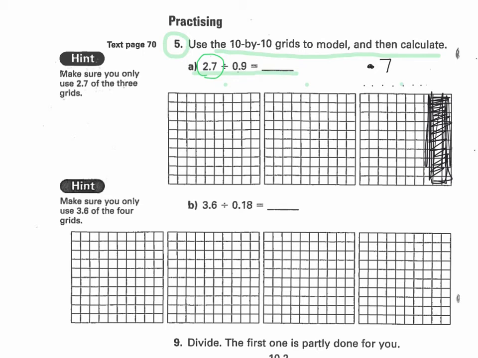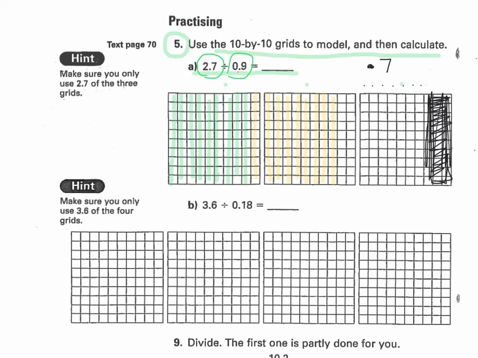So I'm going to shade in 0.9, which is 9 columns. 1, 2, 3, 4, 5, 6, 7, 8, 9. I'm going to switch colors. 1, 2, 3, 4, 5, 6, 7, 8, 9.